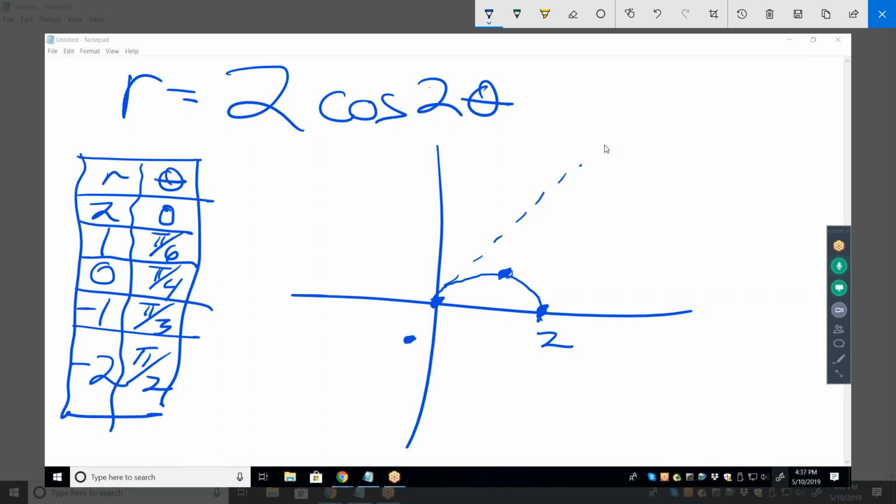And then when theta is pi over 2, r is -2. So you can kind of see when I rotate theta from 0 to pi over 2, I get that part of my rose curve. Now if I go from pi over 2 to pi, let's go like this.